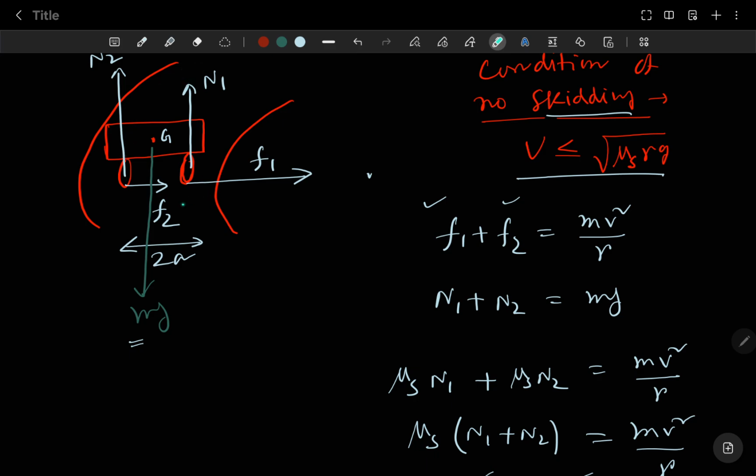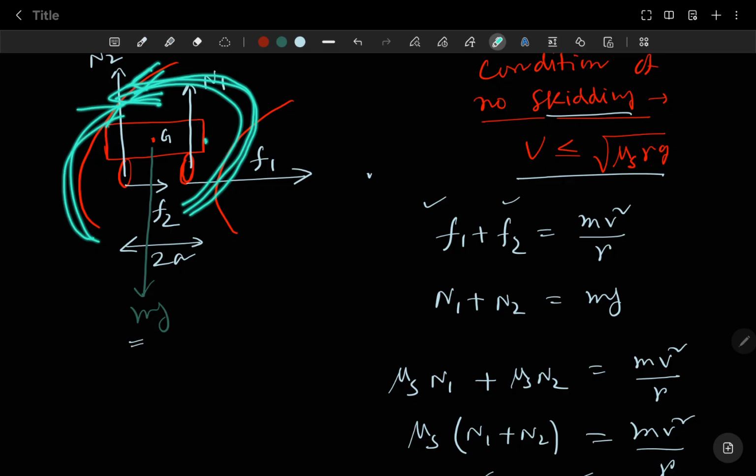So you see the anti-clockwise torques, these three torques, are actually trying to topple this car. But the clockwise torque is trying to make it stable, staying on the ground.